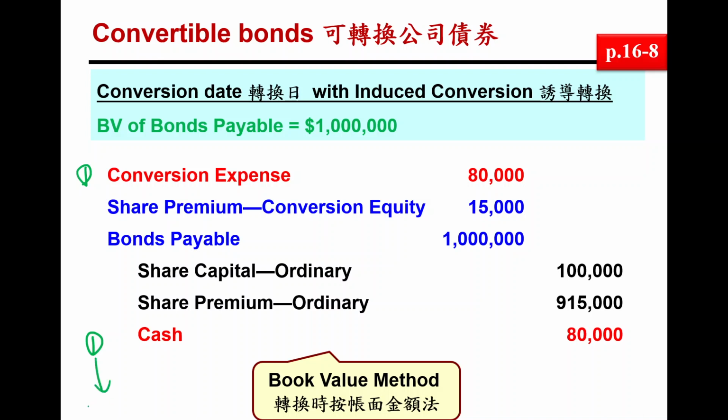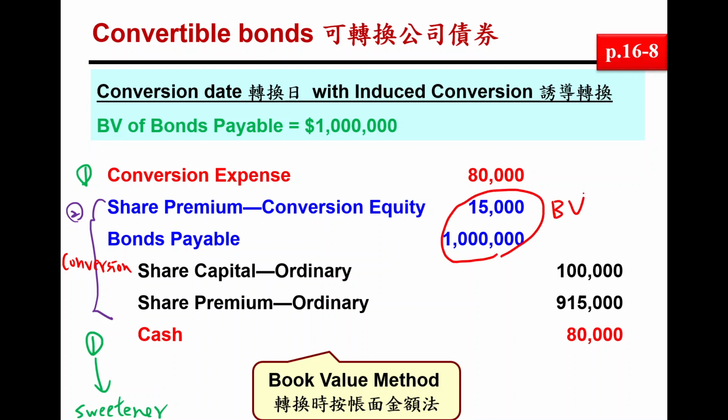So for the first one, this is your sweetener. The second thing is conversion. Creditor becomes shareholder. So from book value, transfer to shares.